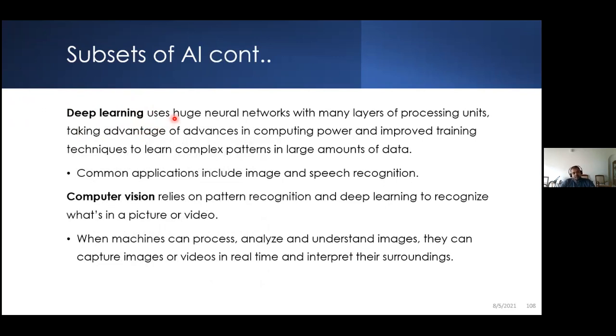So you need a lot of computing power, and you need to use a lot of training techniques, like machine learning, but different versions of it, to process a lot of data points. But deep learning is where it's a pure learning process, right?